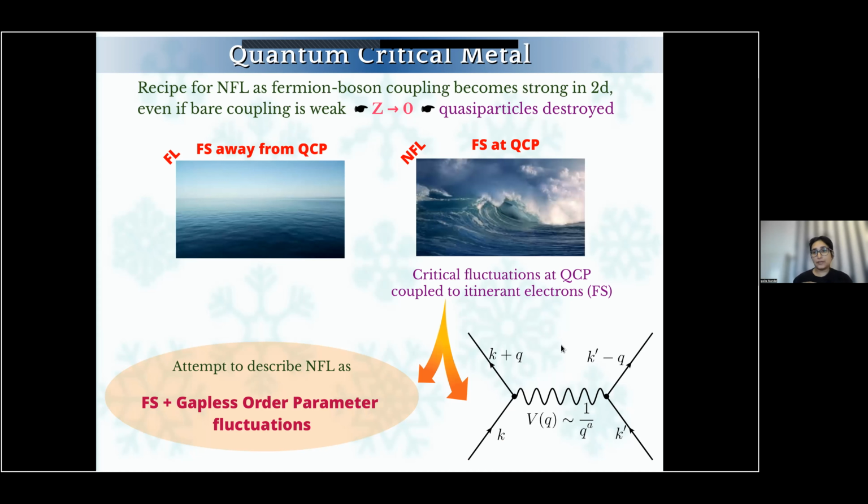And those of you who are familiar with Feynman diagrams, we can then represent the electron-electron scattering as being mediated by the propagator of a massless boson. So we will attempt to describe these non-Fermi liquid systems as resulting from the interaction between a sharply defined Fermi surface and a gapless order parameter, which is undergoing violent fluctuations.